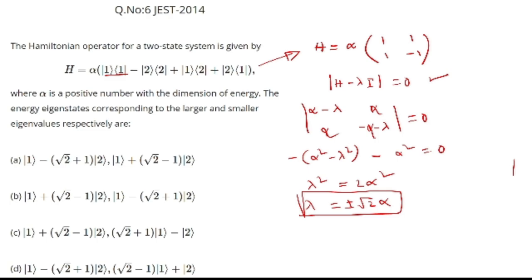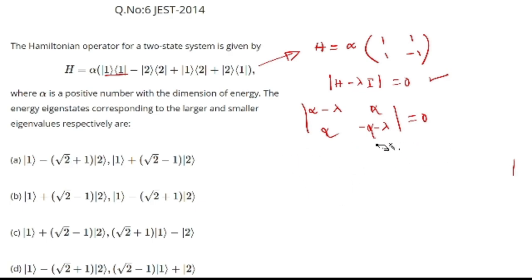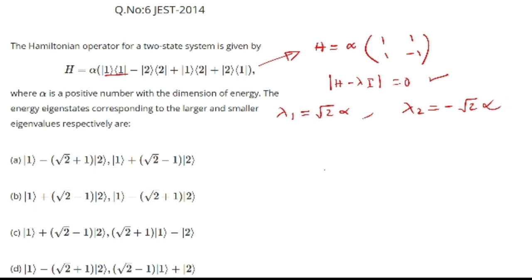For plus root 2 alpha we have to find the eigenvectors, and also for minus root 2 alpha. So ultimately we get two eigenvalues, lambda 1 is root 2 alpha and lambda 2 is minus root 2 alpha. Let's find first for root 2 alpha.